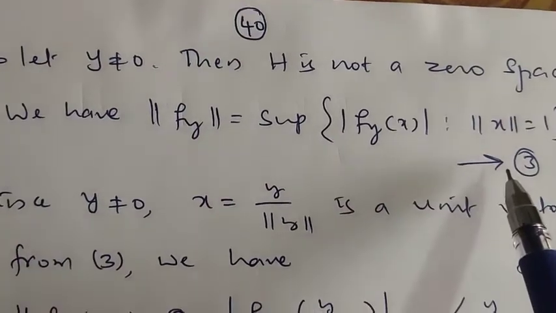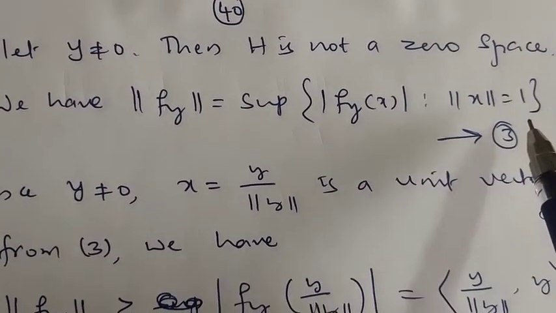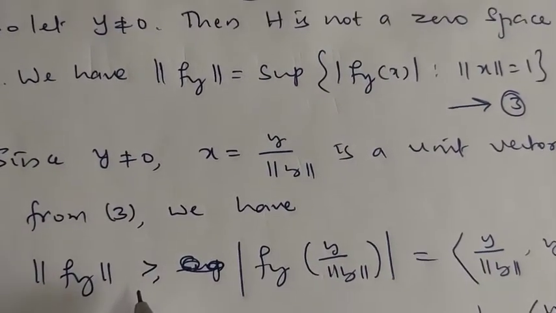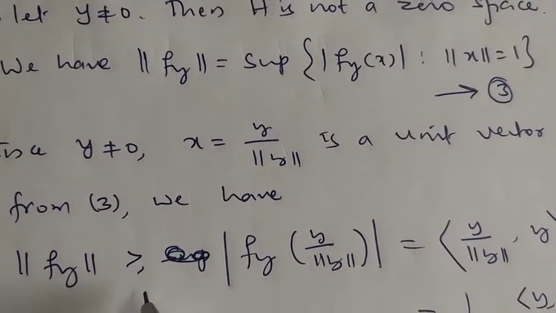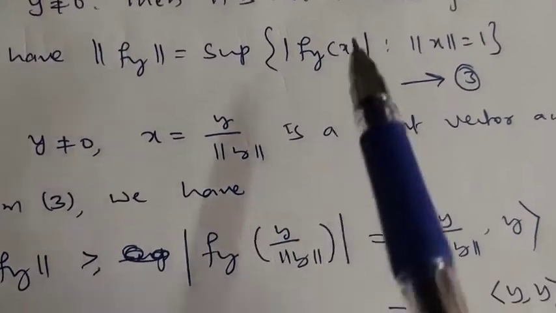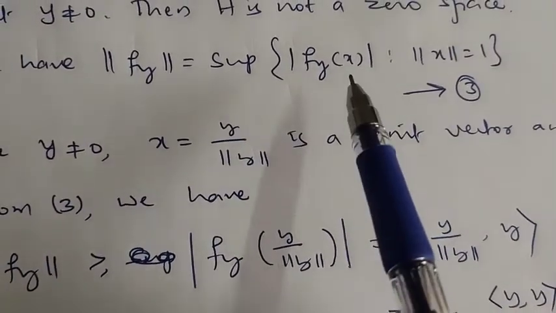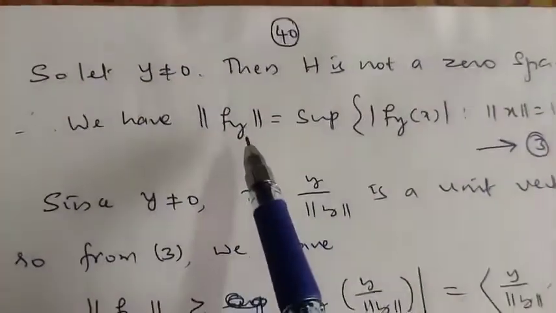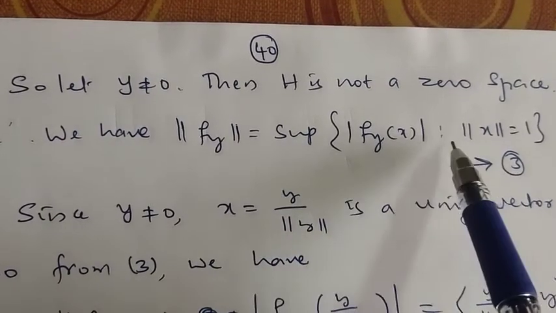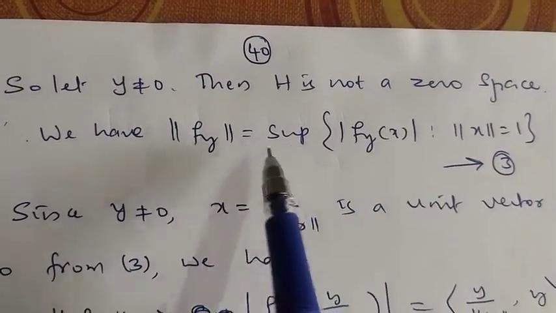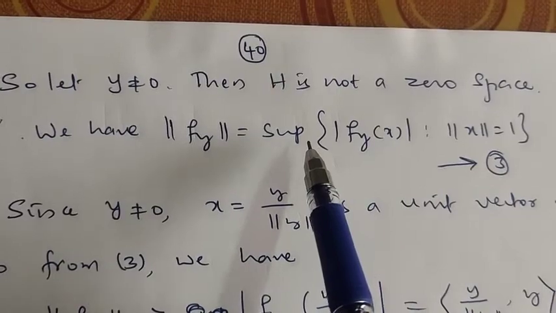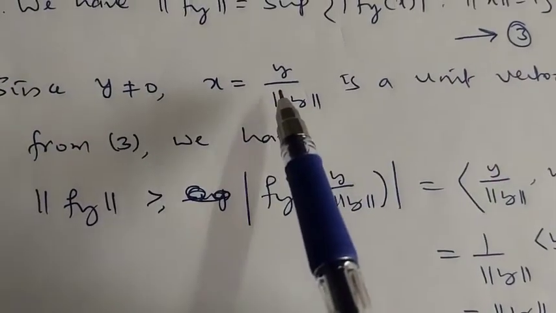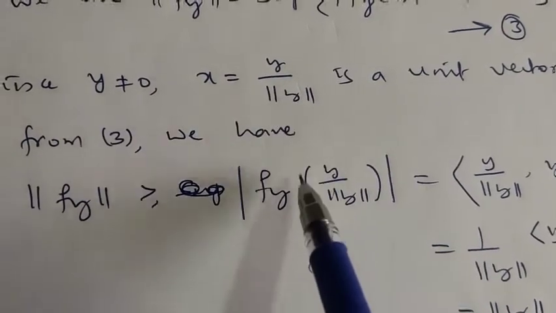So according to 3, if norm of x is 1, then norm of Fy is definitely greater than or equal to the absolute value of Fy of x. In place of x, I can take y by norm of y. Understand this? Because norm of Fy is the supremum of this set, norm of Fy is greater than or equal to each element of this set, which means norm of Fy is greater than or equal to Fy of this element also.